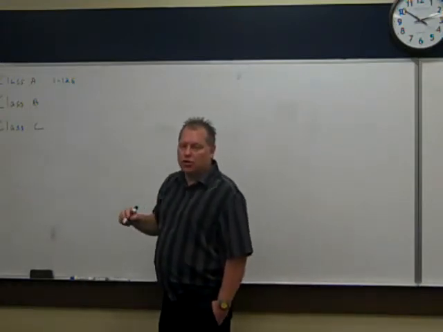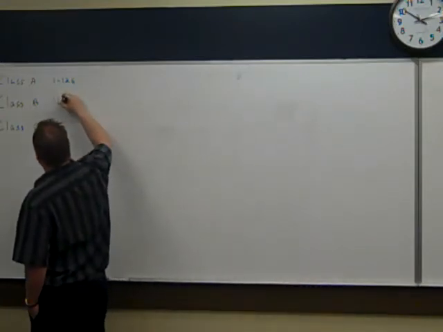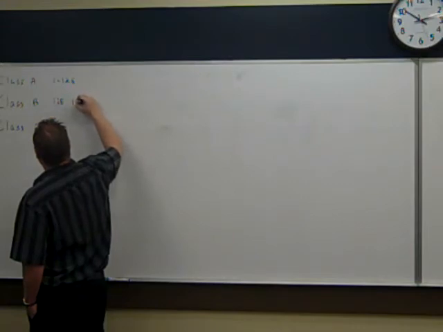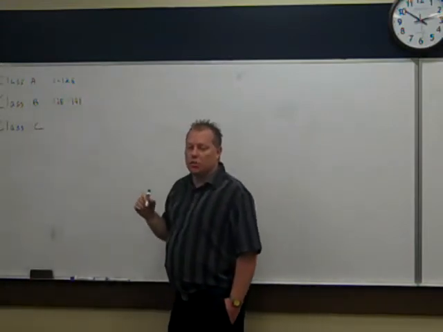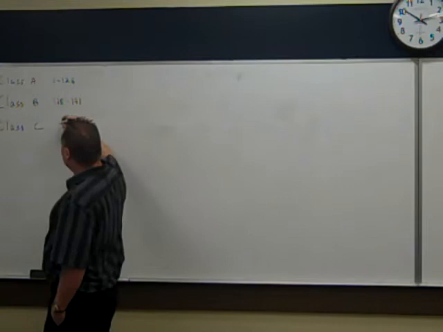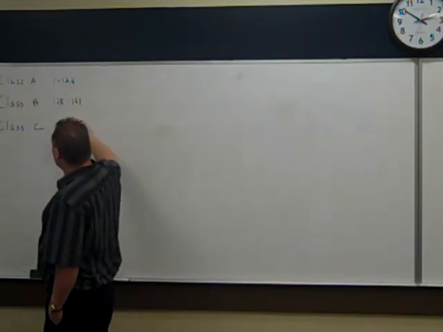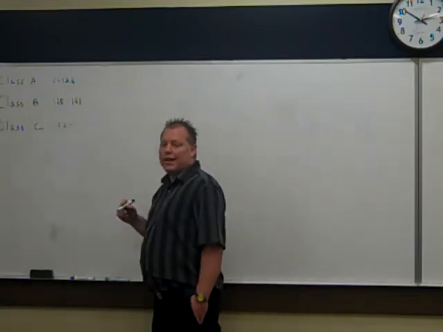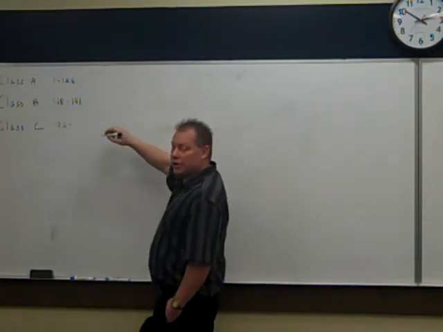Class B, it's 128 to 191. And then Class C is 192 up to 223.